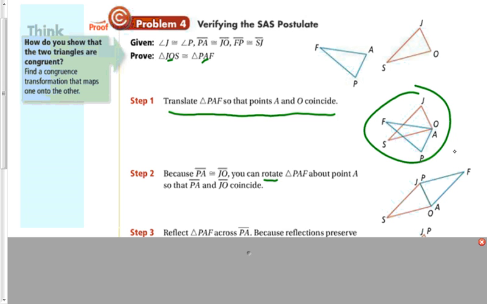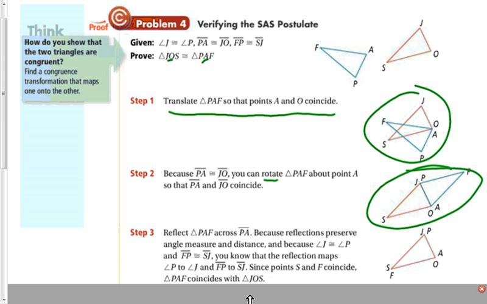If we rotate it until the J and the P match up, or the sides JO and AP coincide, because that's another thing that we were given, theirs are exactly the same length. Let's do that rotation. So we rotate it and we end up getting a shape that looks like this. Now the last thing hopefully you can figure out, and it actually kind of shows it there, is to reflect it.